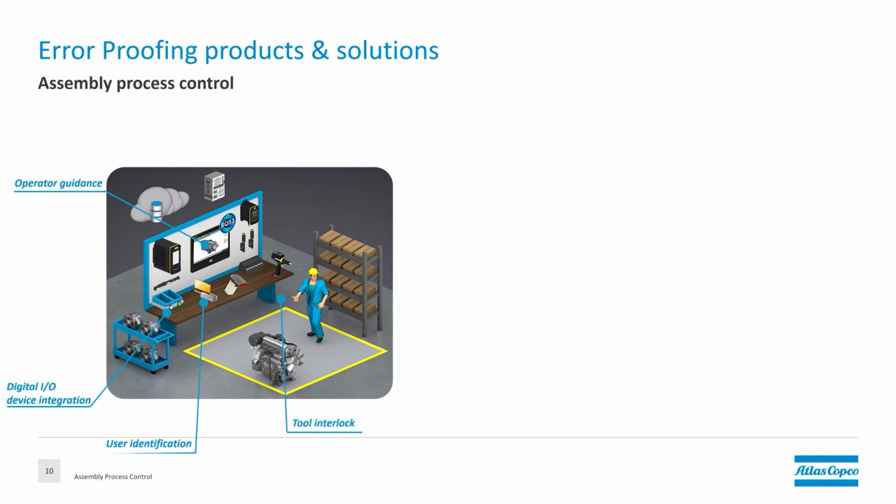I also mentioned the tool interlock. Of course, we're controlling the right tool, the right parameters at the right moment. We're doing part verification, part documentation. The system is able to control that and verify that the right part is being mounted, and also document and trace that for later on. Where? On the data collection.